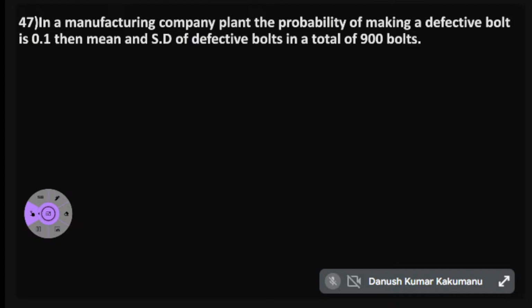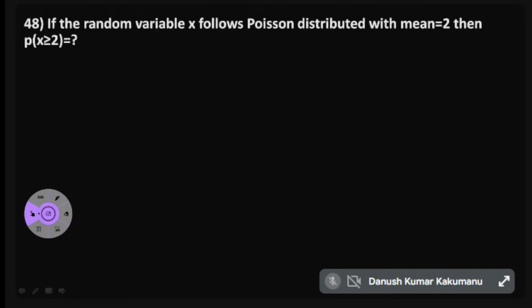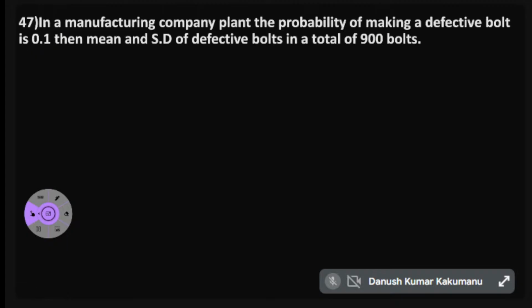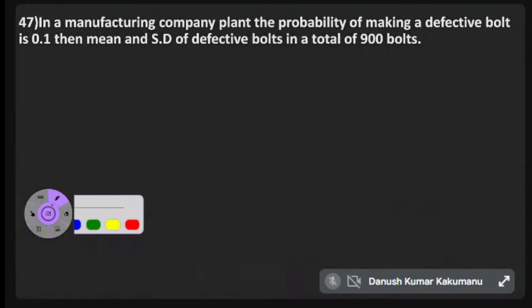What is the mean of the binomial distribution? Mean is equal to NP. The question is also asking the standard deviation.